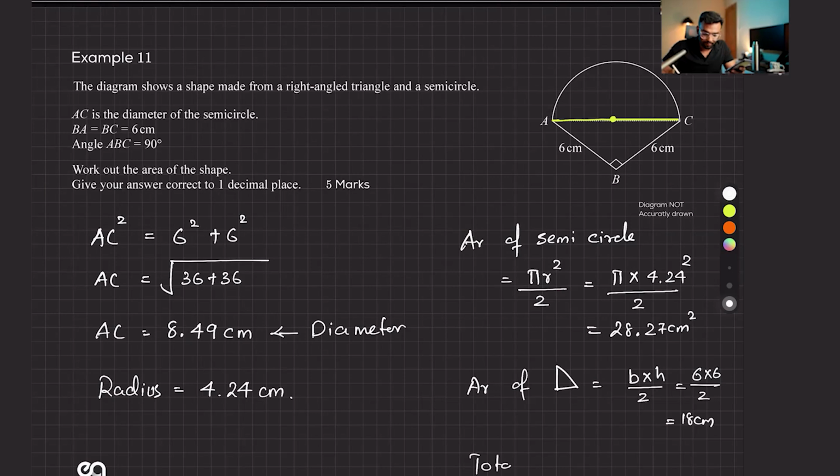So total equals, simply add your 28.27 and 18. And that would give us 46.3, because it's 1 decimal place, centimeter square. That's a 5 mark of it.